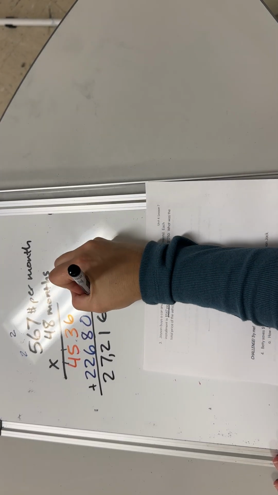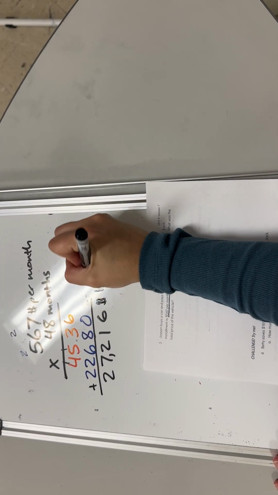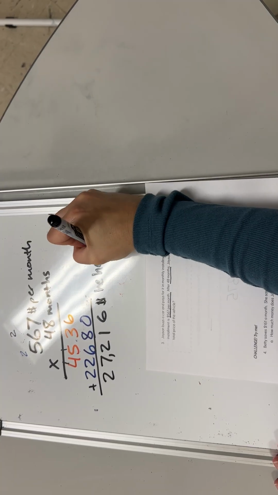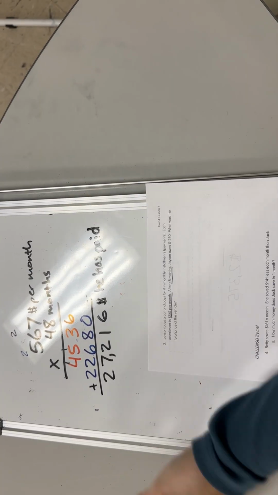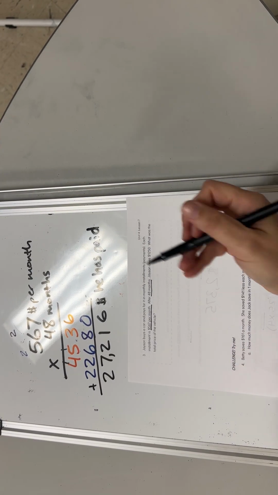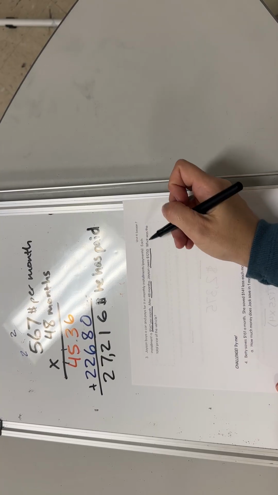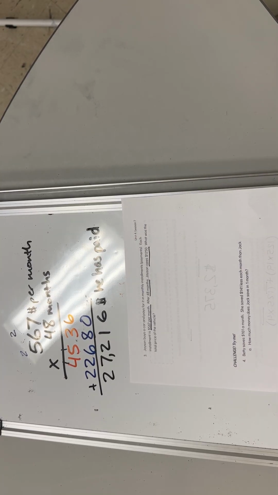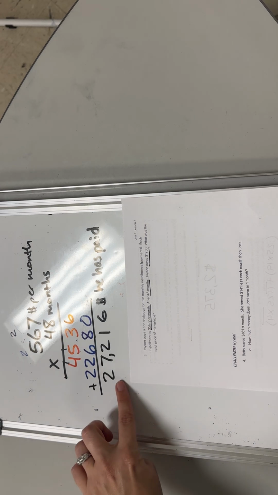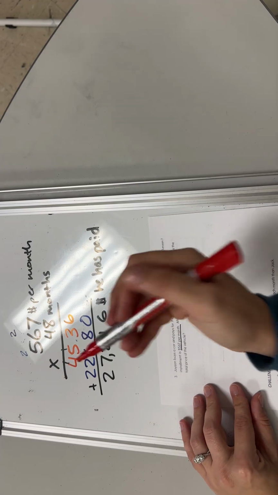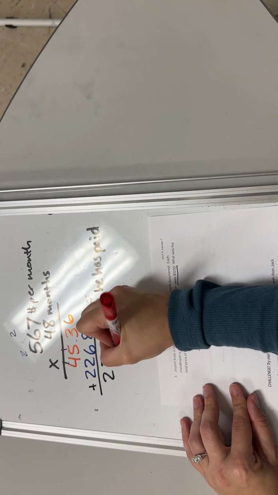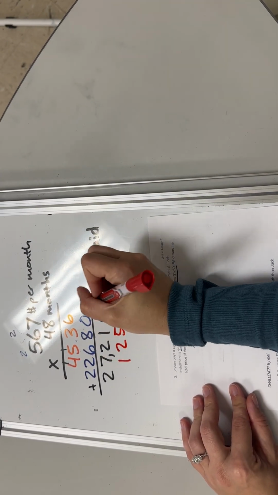So this is the amount of money he has paid. But if you read the problem, we know that he still owes $1,250. So in order to know the entire price of the car, we're going to have to add on the $1,250 that he has not yet paid.